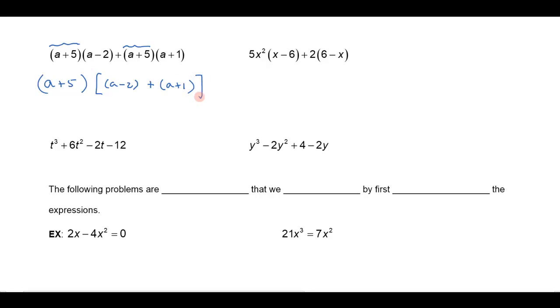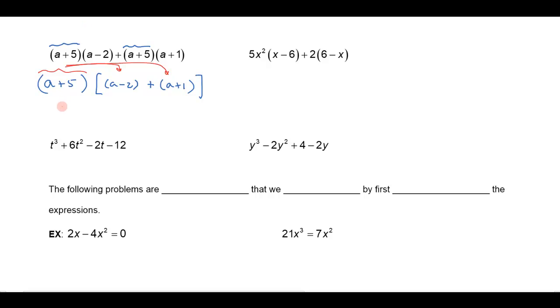All right, so again, in your mind, try and visualize, think of this as a single quantity, and if I were to redistribute this whole quantity to the a minus 2, I would get a plus 5 times a minus 2. That's this right here. And then I distribute that over the plus sign right here, and I'd get a plus 5 times a plus 1. That's that right there.